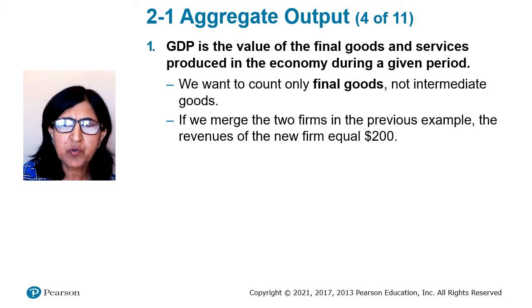If the revenue from sales of steel is also included, it would lead to double counting. Counting only final goods keeps the GDP from counting a good more than one time as output. So we want to count only final goods, not intermediate goods. If we merge the two firms in the previous example, the revenues of the new firm equal $200.